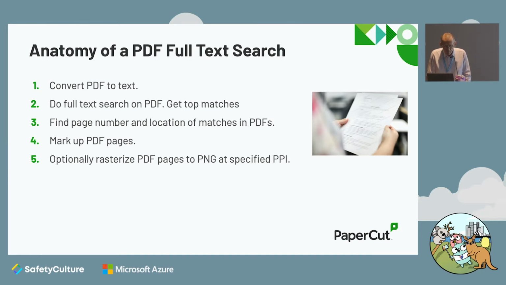In our case, we want to mark up the PDF pages with the location of the text as I just showed. And if we're shipping these marked up pages out to clients, we may choose to send them rasterized thumbnails rather than a full PDF if the client doesn't have a PDF viewer.